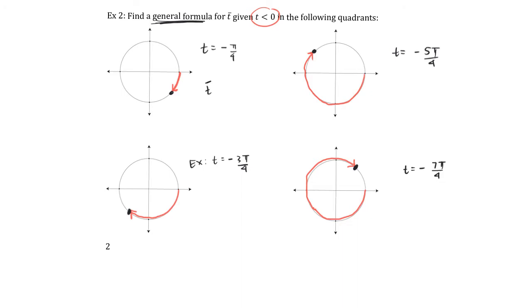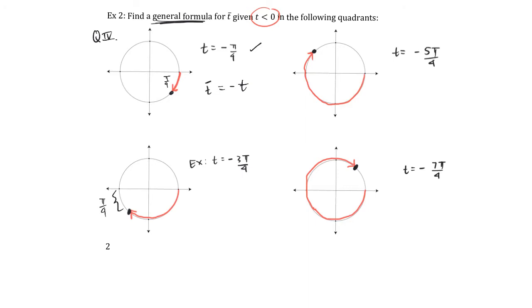Now, t is the opposite of our reference number because the reference number is a positive pi over 4. So you just take the opposite of your angle, and that would be in quadrant 4. And here, they're all just pi over 4, those reference numbers.